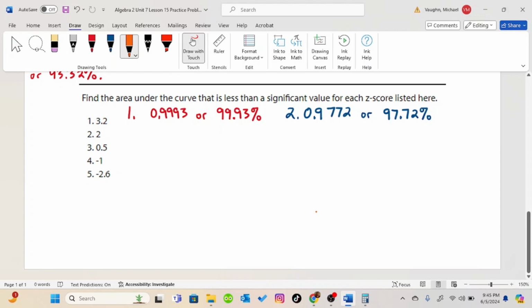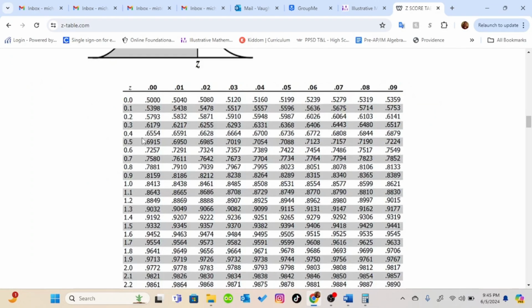Number 3. They give us a z-score of 0.5. So we go to the z-score table. We look in the left-hand column until we find 0.5, and we look at the first number they give us.